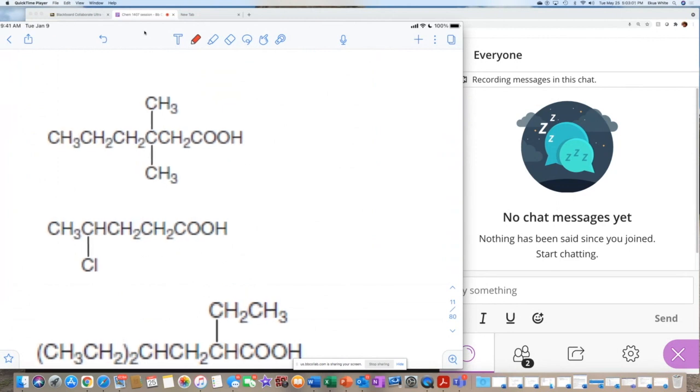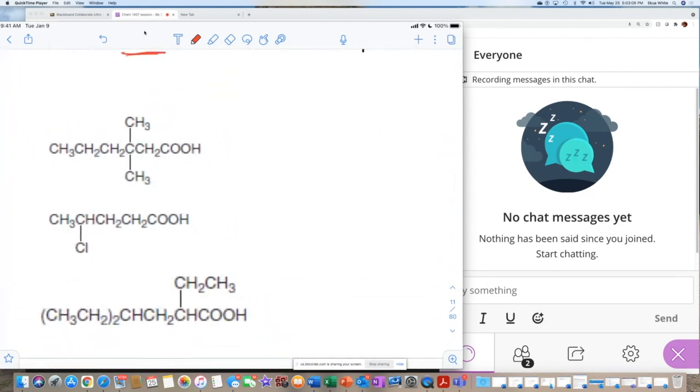Okay, so what I'm working on here is numbering. I want this drawn out, so I'm just going to copy this. At least for the carboxylic part, I want it drawn out. I'll do it on the side here. 1, 2, 3, 4, 5, 6.